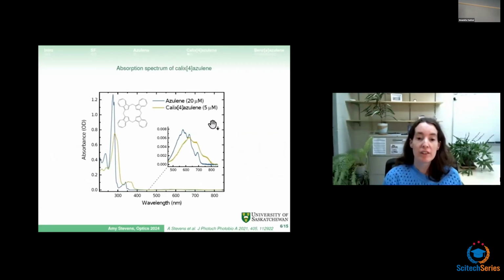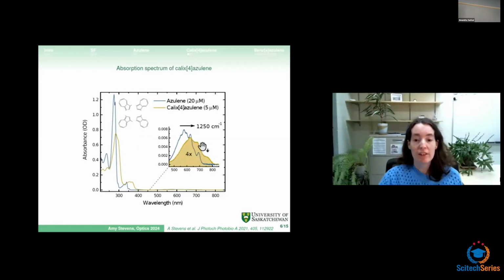So the first structure we looked at that was different from azulene was this calyx 4 azulene, or calyx as I call it. So here we had 4 azulene chromophores, and they are connected by bridges, and we wanted to see how that would change our first singlet and our second excited singlet states.